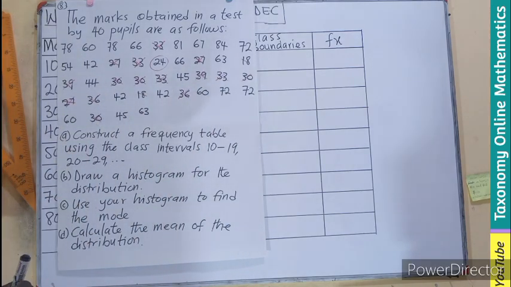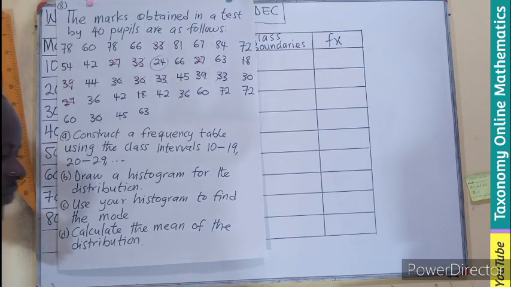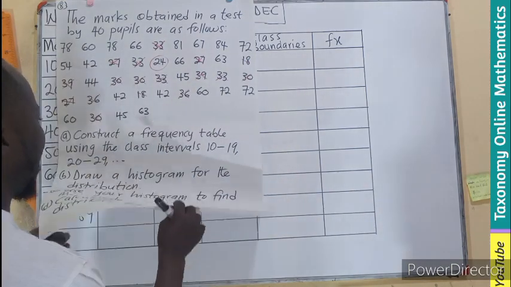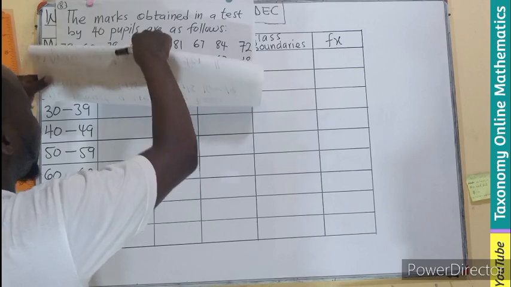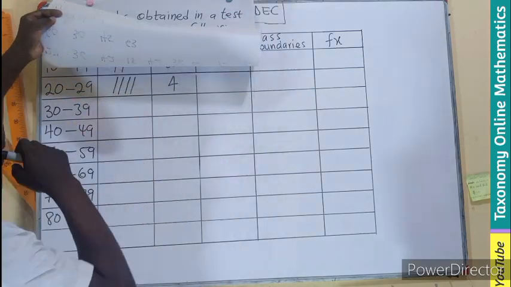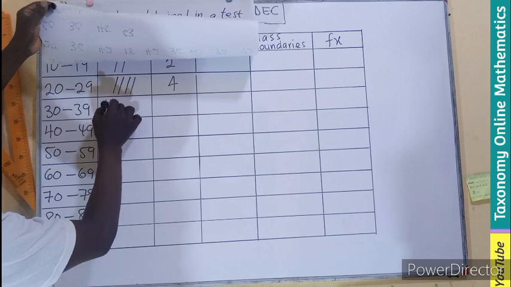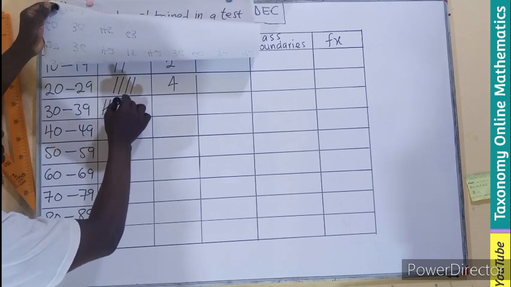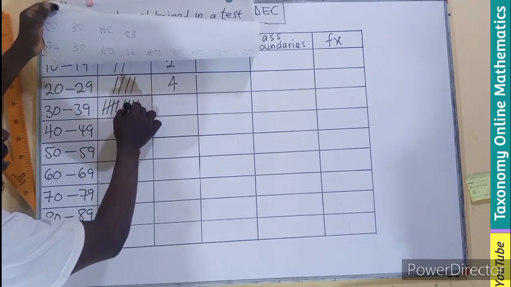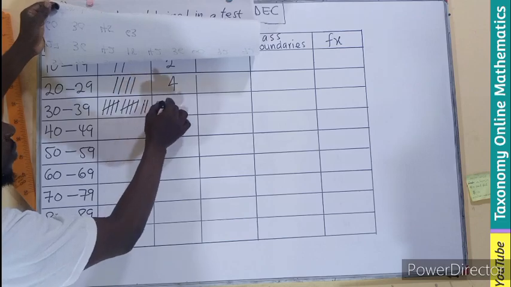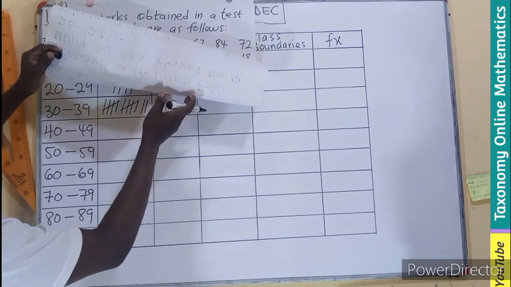So we are having 12 different values. So let's indicate that by tally. Remember, we are looking for 12. So 1, 2, 3, 4, 5, 6, 7, 8, 9, 10, 11, 12. So we indicate the 12 in there.